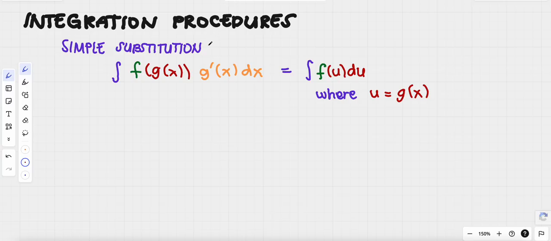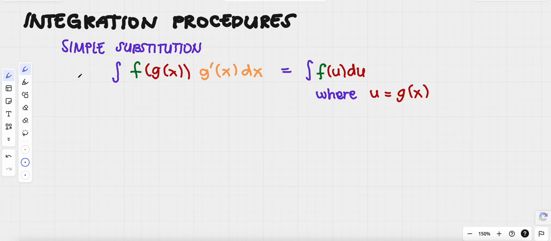And simple substitution, in some references, is erroneously called U substitution because of the use of the variable u, but it is more properly called simple substitution.